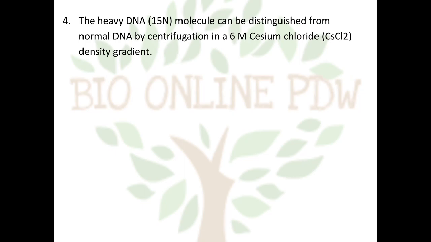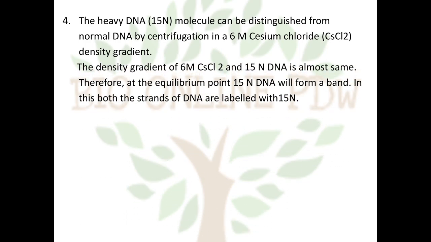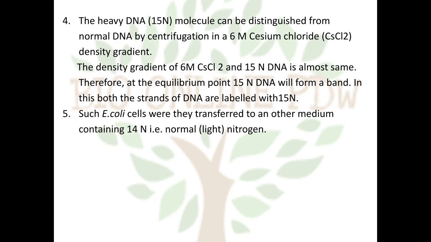Then the heavy DNA, that is 15N DNA, can be distinguished from the normal DNA by centrifugation in 6 molar concentration of cesium chloride density gradient. The density of 6 molar cesium chloride and 15N DNA is almost the same. Therefore, at the equilibrium point, 15N DNA will form a band, as both the strands of DNA are labeled with 15N.